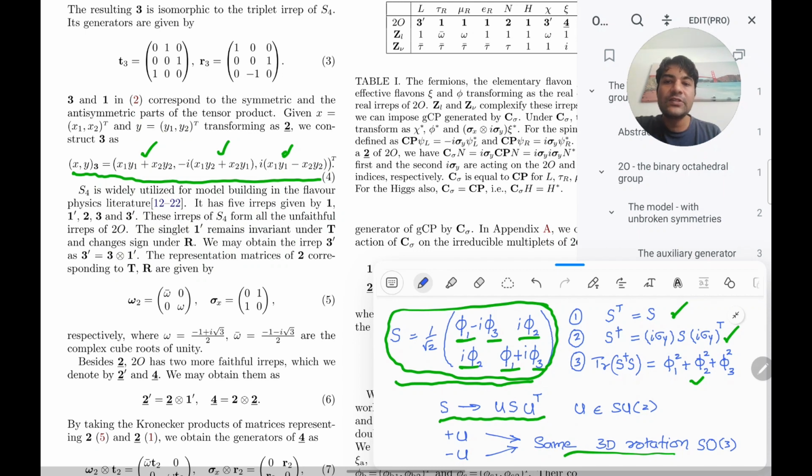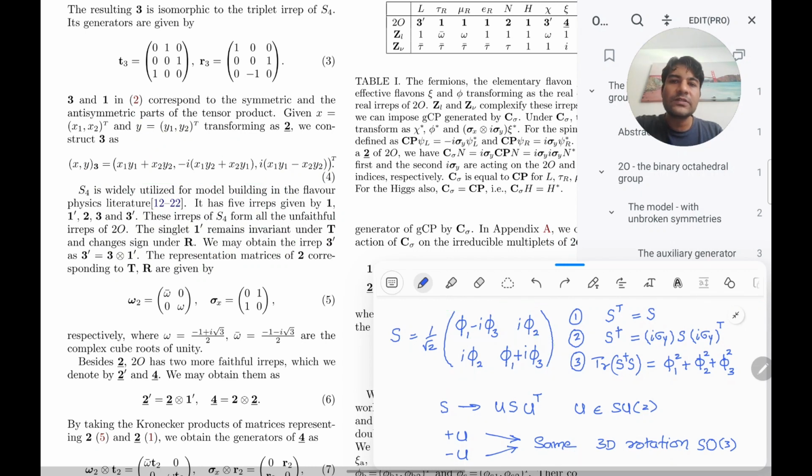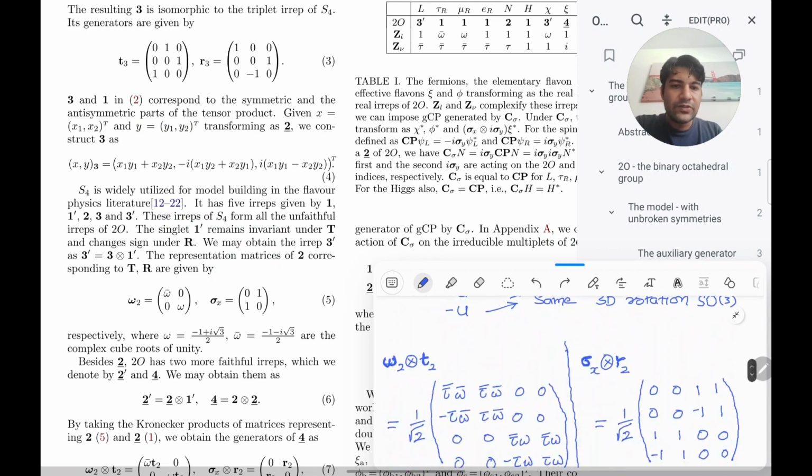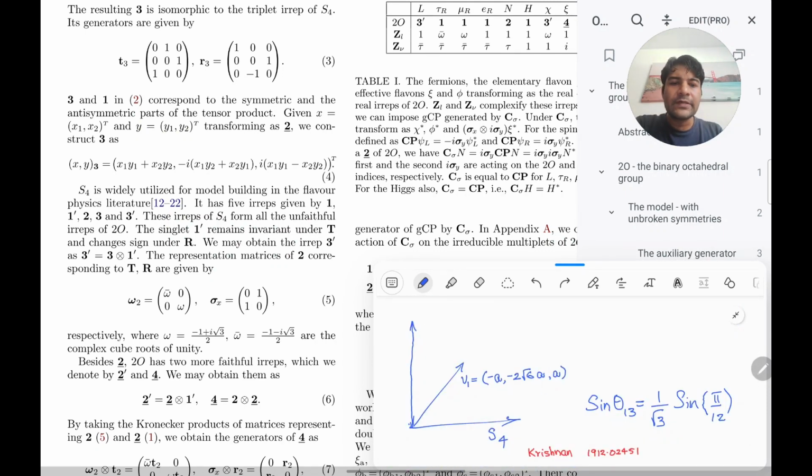Why did I specifically choose a binary octahedral group, not any other binary group? That's because I had a paper in 2019, which I talked about in the previous video. Let me show you that. The paper was based on S4, and it contained a triplet with a vacuum alignment (a, -2a, a) with a square root, and this model led to sin theta 13 equal to 1 by root 3 times sin pi by 12, and this is an excellent agreement with the data.